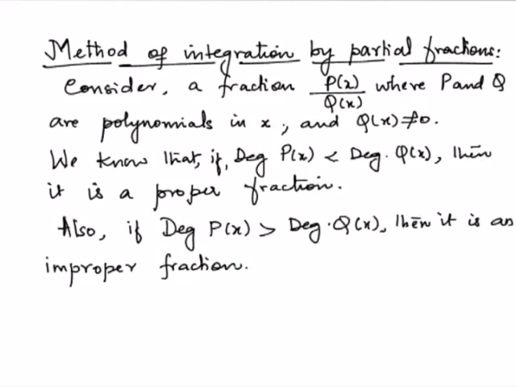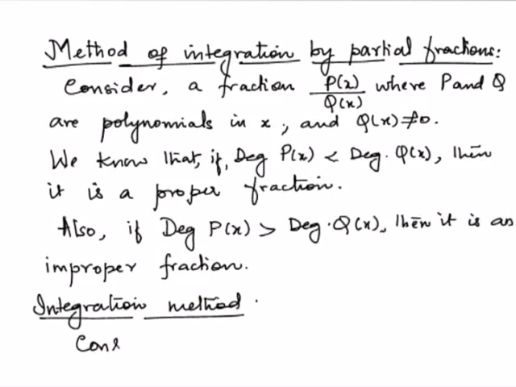Now that we have recalled the proper and the improper fractions, let us proceed with the integration process using partial fractions. The nature of this integral is of the form integral of p of x divided by q of x into dx.